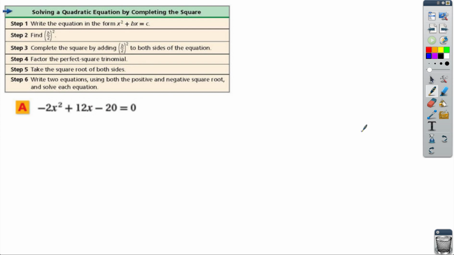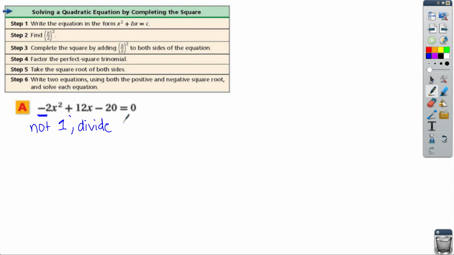All right. So for this example, we're going to apply the same steps, use completing the square to solve the equation. So let's start by identifying that the leading coefficient is not positive 1. In that case, as mentioned earlier, we have to divide the entire equation by that number so we can eliminate it.